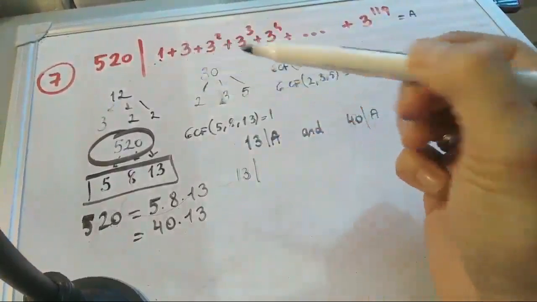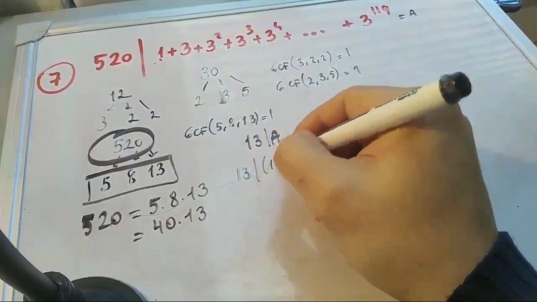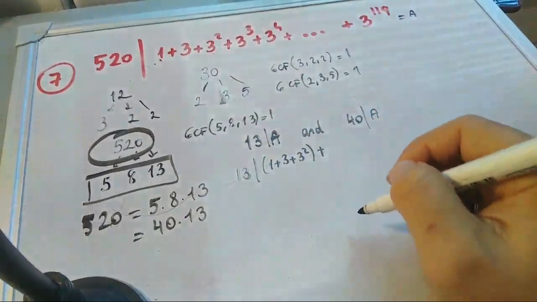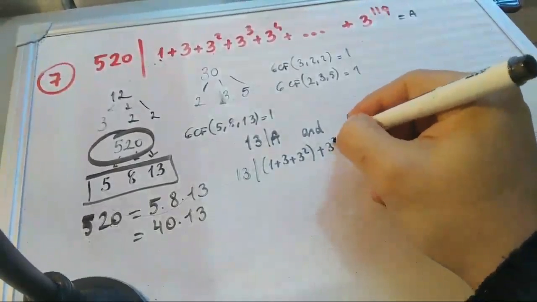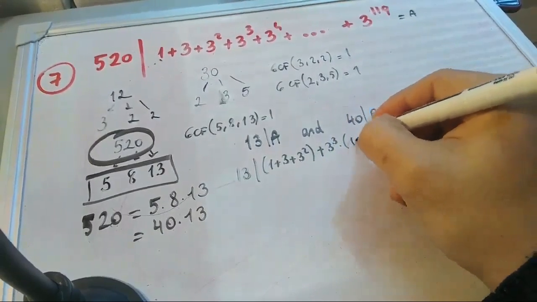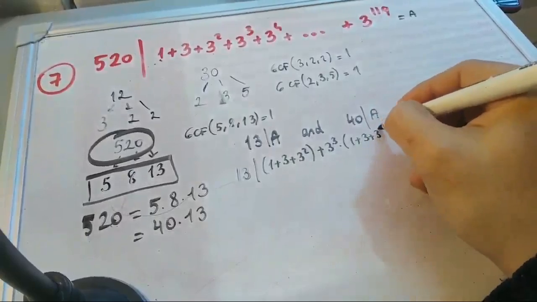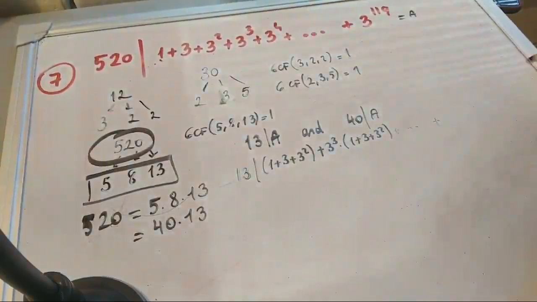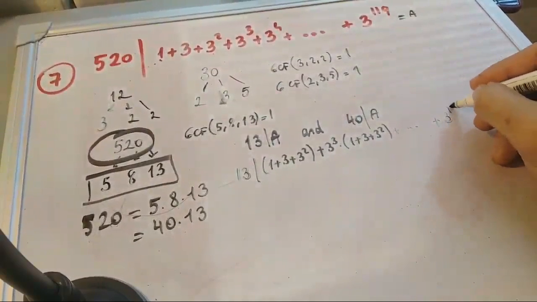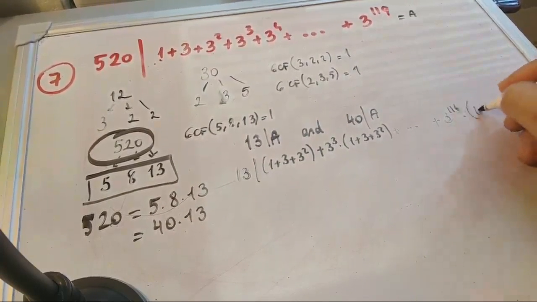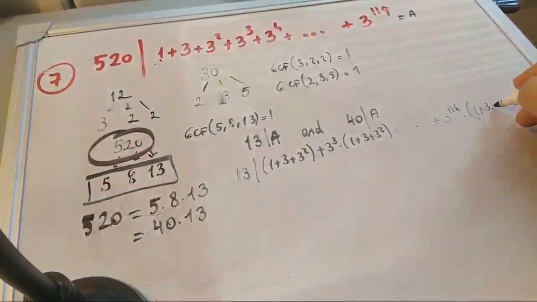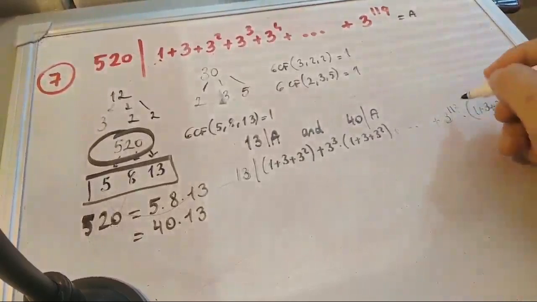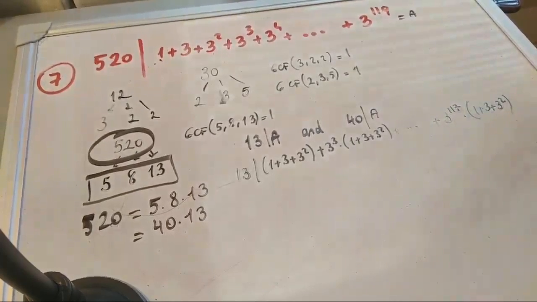We will make a group. 1 plus 3 plus 3 squared is the first group. And plus 3 cubed times 1 plus 3 plus 3 squared. We will make a group here till 3 to the power of 117. Not 116, 117. Yes.